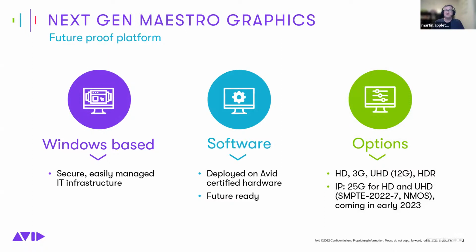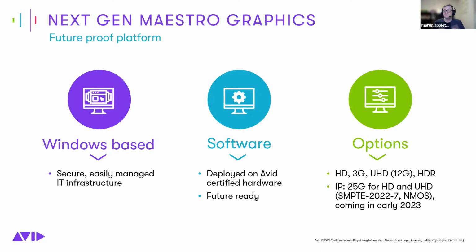All of our software is being deployed on hardware that we're certifying. So we're looking for the best platforms that give you the best performance for your money, and certify our software on there so that you can have consistent rendering results when you deploy this software on the same platforms. And of course, this hardware is future ready, so you can be updated with new features over time.